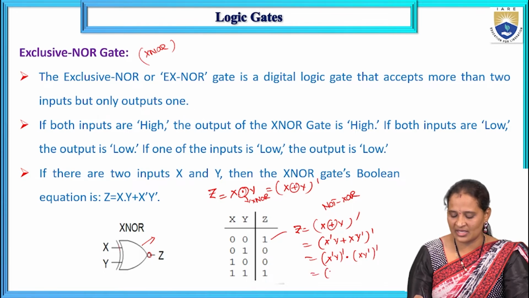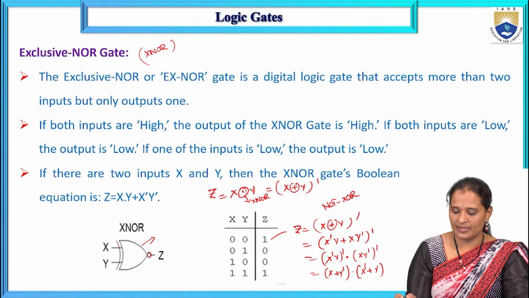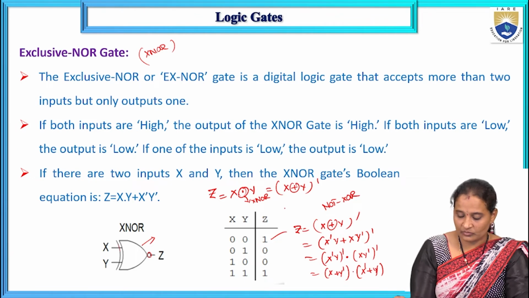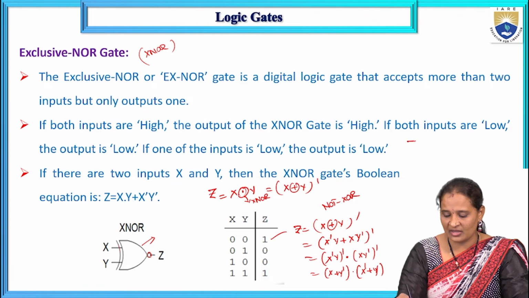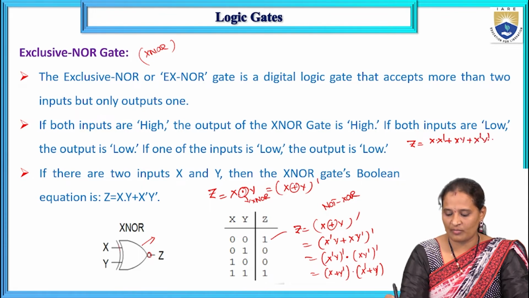Now X bar whole bar is X, so this becomes X plus Y bar into X bar plus Y. Expanding this, Z equals X into X complement plus X into Y plus X complement Y complement plus Y into Y complement.